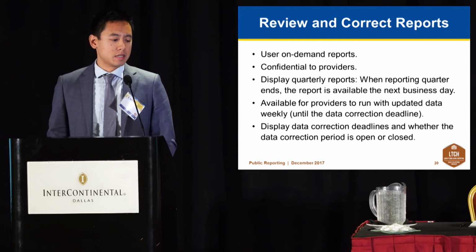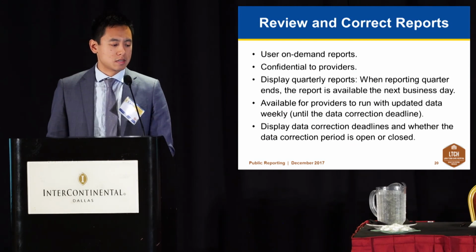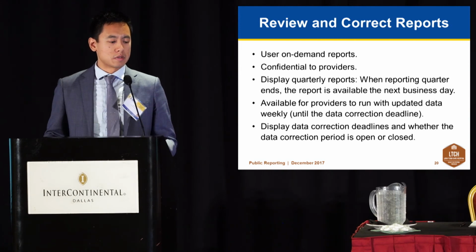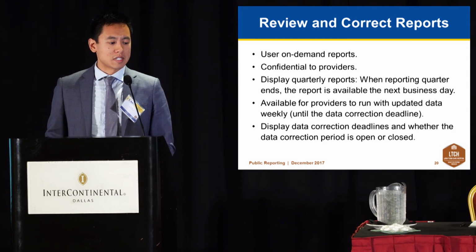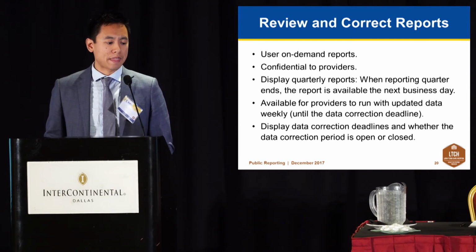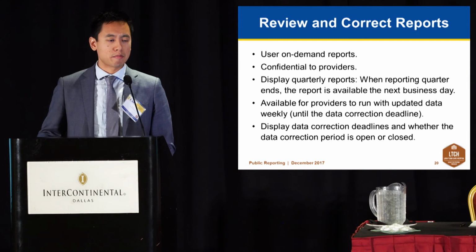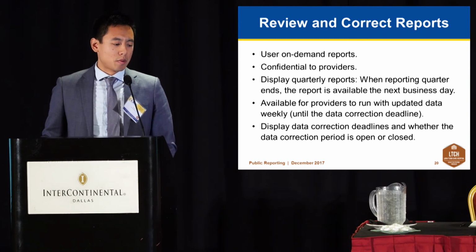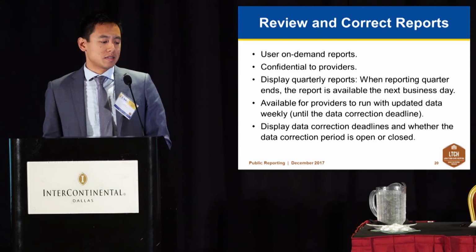So the first report is the review and correct reports. These are user on-demand reports. Later on, you'll see you go to CASPER, select a quarter end date, and it will pop out a report in your inbox. These reports are confidential to providers.